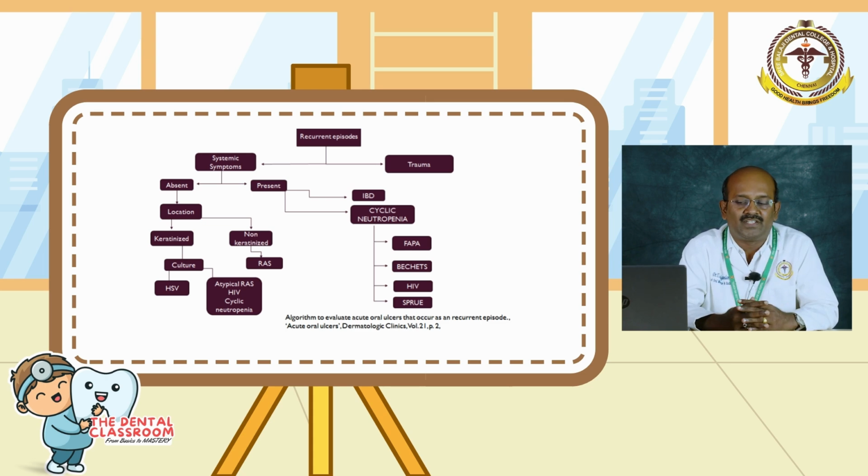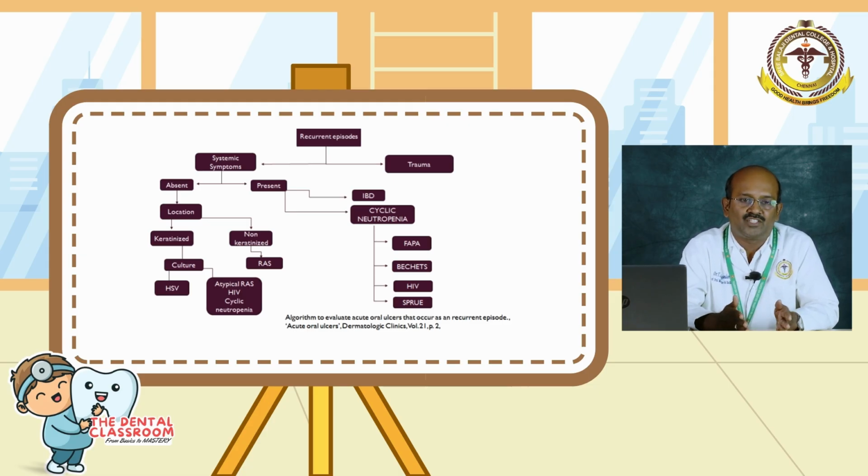If there is no systemic disease, then we have to see the location, whether in the oral cavity it is keratinized mucosa or non-keratinized mucosa. If it is a recurrent ulcer in non-keratinized mucosa, the diagnosis is going to be easy. It's going to be an aphthous ulcer, that is RAS, recurrent aphthous stomatitis.